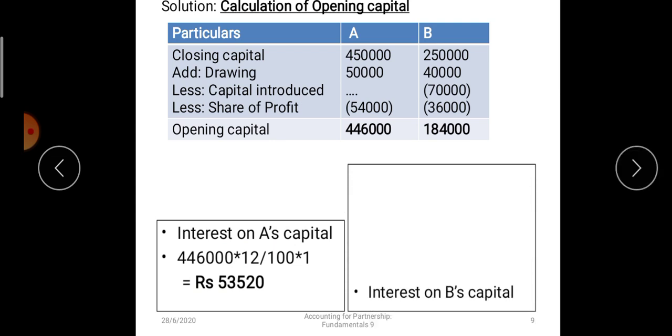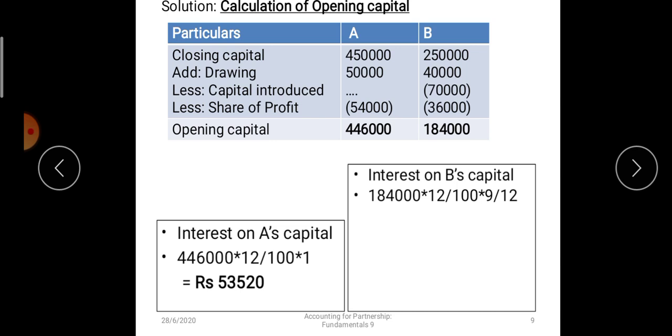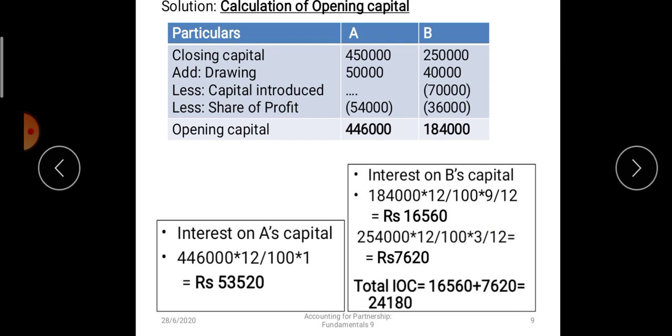Now in case of B, opening capital is 1,84,000 at the rate of 12% for 9 months, it is 16,560 rupees. Then capital was introduced. So for the next 3 months, it is 2,54,000 at the rate of 12% for 3 months, it's 7,620 rupees. So total interest on capital is 24,180 rupees.